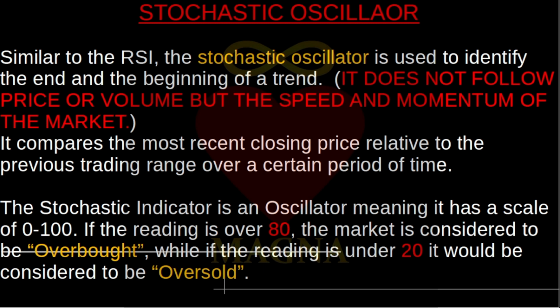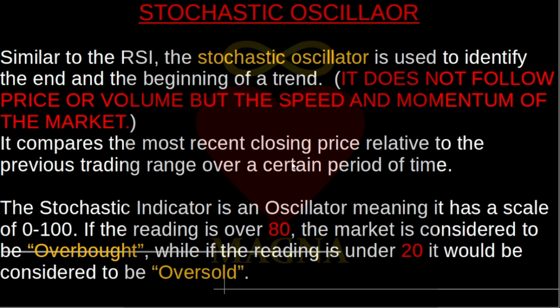Similar to the RSI, the stochastic oscillator is used to identify the end and the beginning of a trend. It does not follow price or volume, but the speed and momentum of the market.